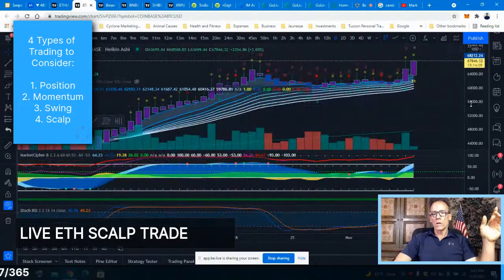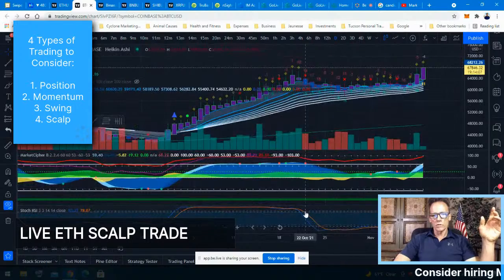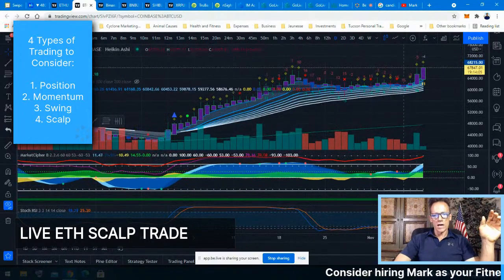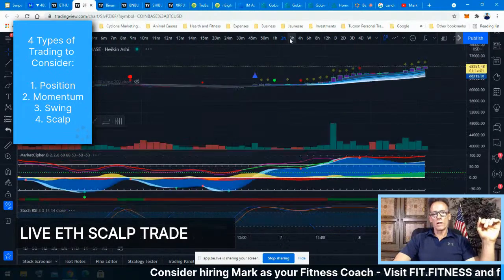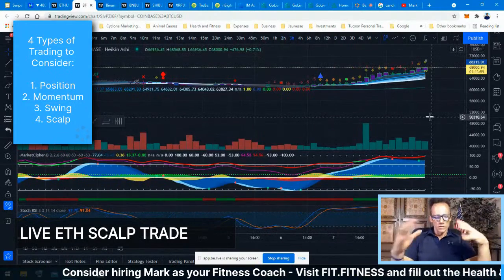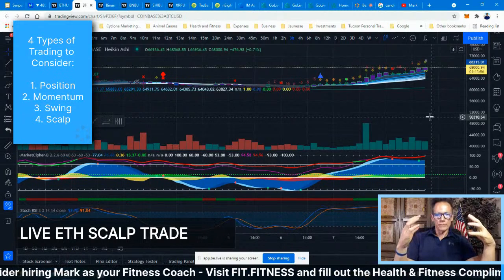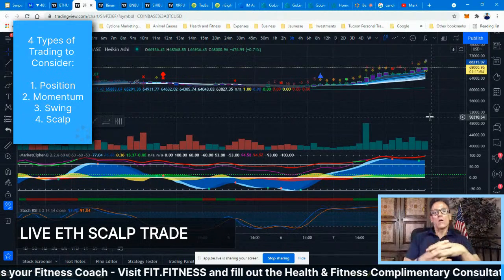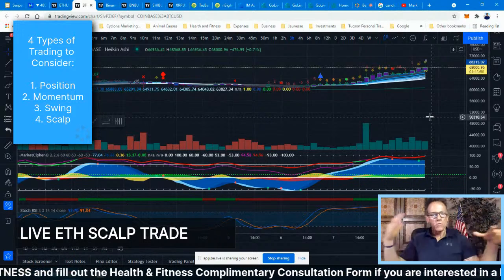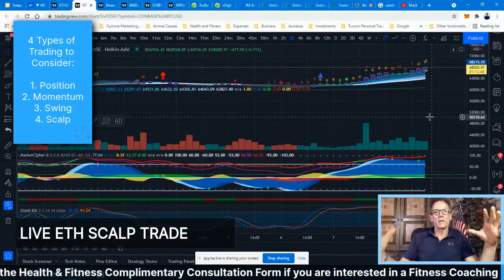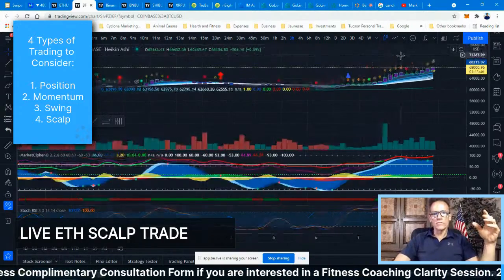So for example, one of my favorites lately has been this one, the Stochastic RSI. That has really been helpful for me lately. It's nice when you get what they call confluences. You get several things telling you which way it's going to go, right? So that is very helpful.